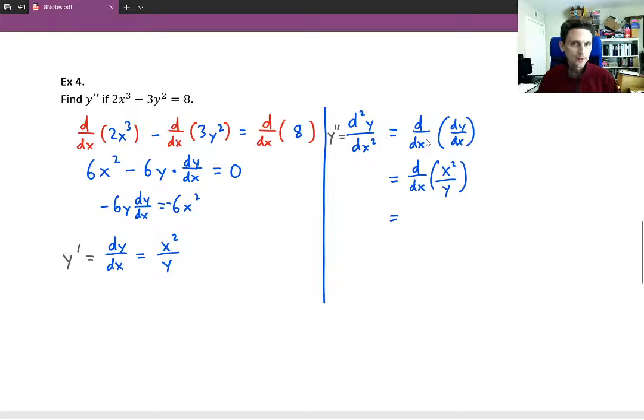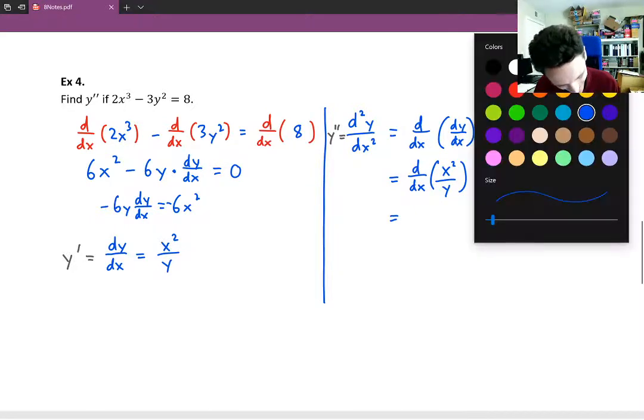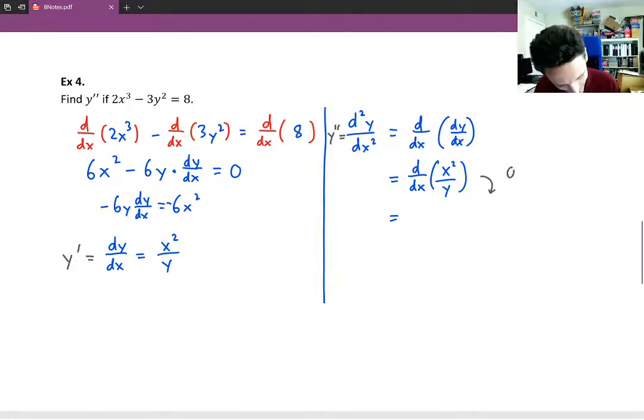What rule are we going to use to take the derivative of x squared over y? If you said the quotient rule, that is correct. Time to break out in song. Give me a moment to write quotient rule.